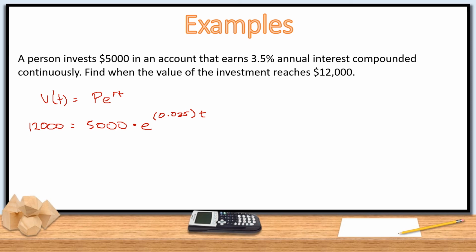And continuously compounded interest will grow faster than annual interest. So the fact that it's being compounded more means it will grow at a faster rate. So if something's wrong with my window, let's see. Oh, I need to go up to 12,000, so let's go 15,000.